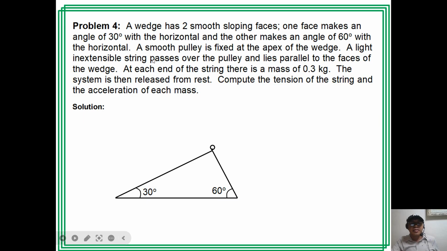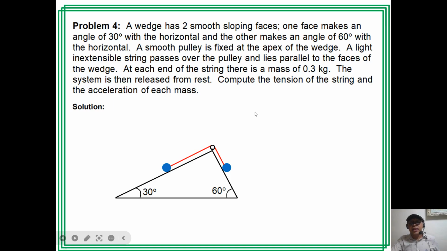Then, a light inextensible string passes over the pulley, and the other lies parallel to the faces. Then, at each end, we have masses of 0.3 kilogram each attached. At first, this is being kept at rest. Then, the system is released. Compute the tension of the string and the acceleration of each mass.